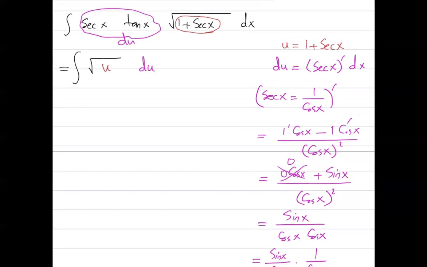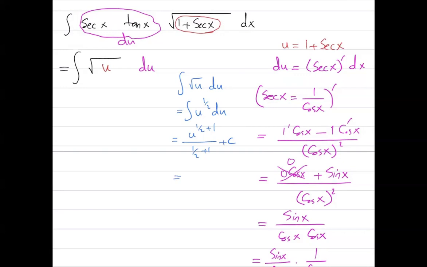Why is that? If you have the integral of square root of u du, this is the integral of u to the power of a half du, which is u to the power of a half plus 1, divided by a half plus 1, plus c.